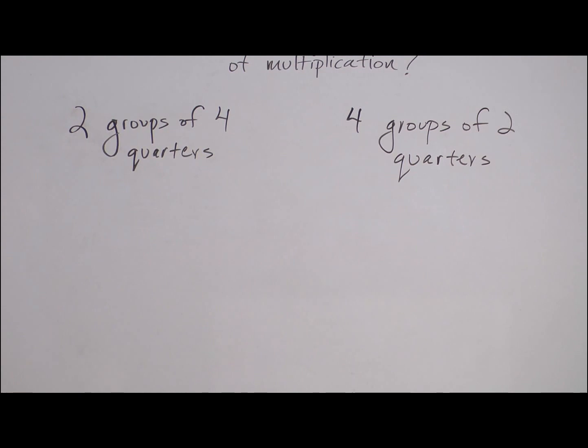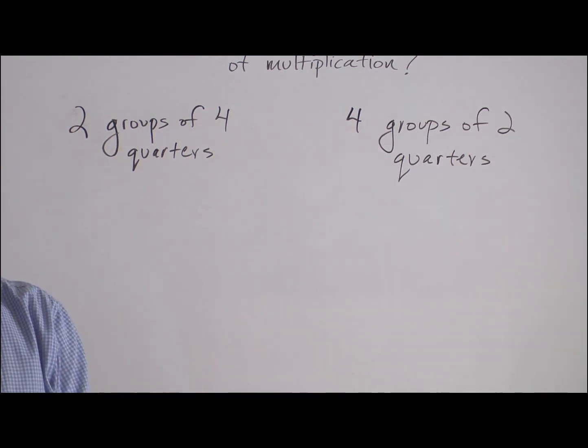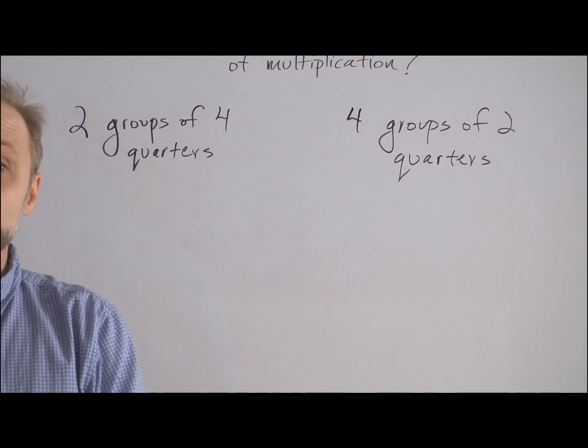Which one of these is going to be the most money? Well, one thing that we can do is try to draw a picture and figure this out. I want you to pause your video right now and see what you can determine. If you're looking at the student edition, please don't turn your page.